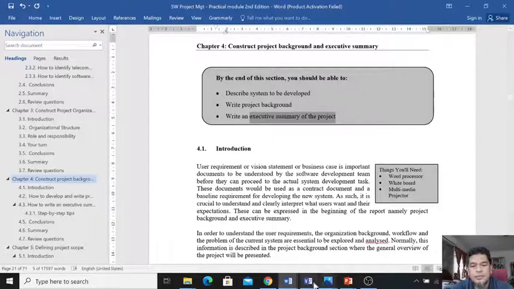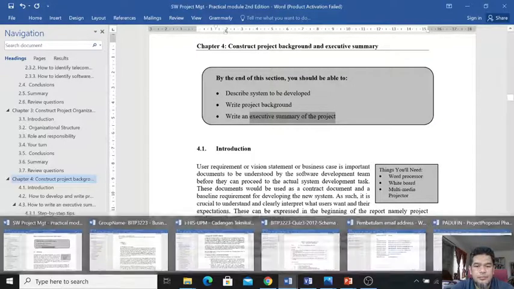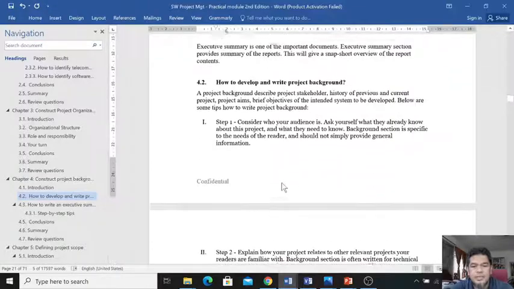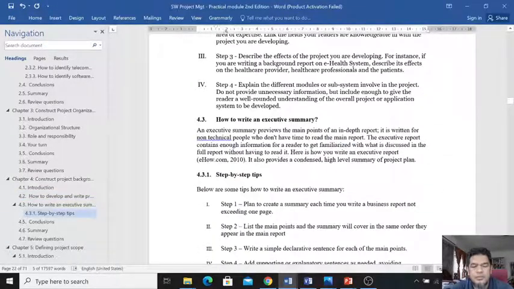Some project reports use an executive summary instead of an introduction. Normally the executive summary previews the main points of in-depth reports.